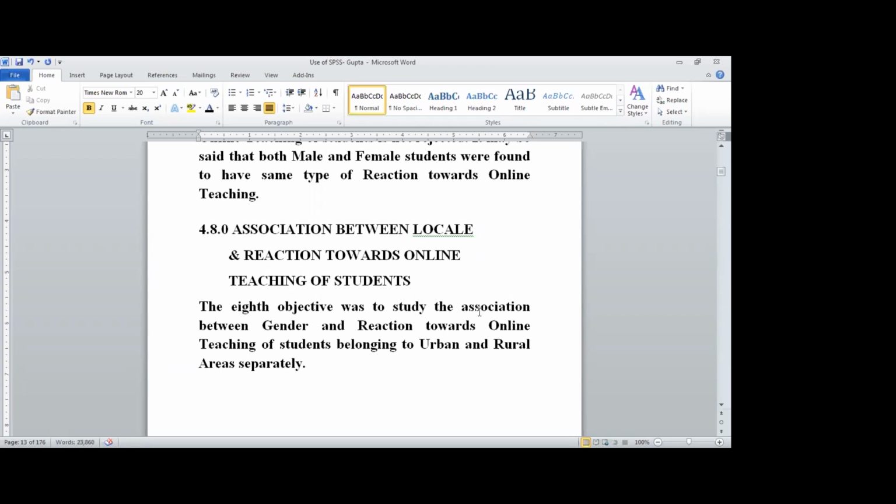The eighth objective was to study the association between locale and reaction towards online teaching of students.